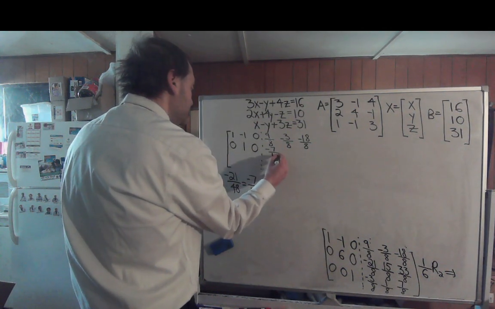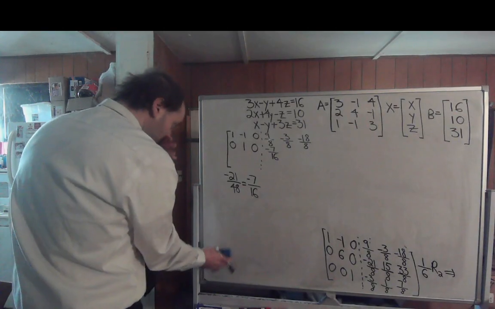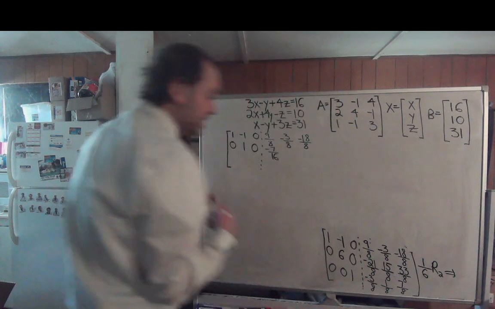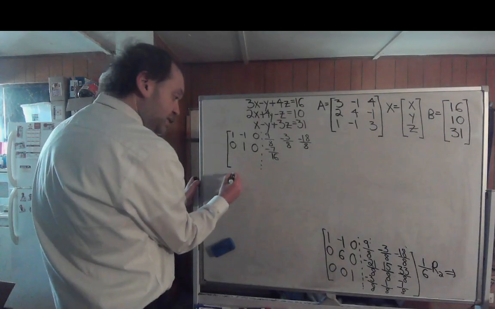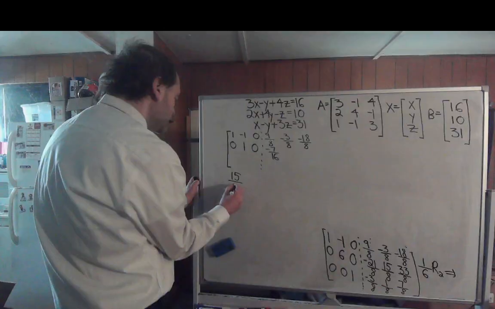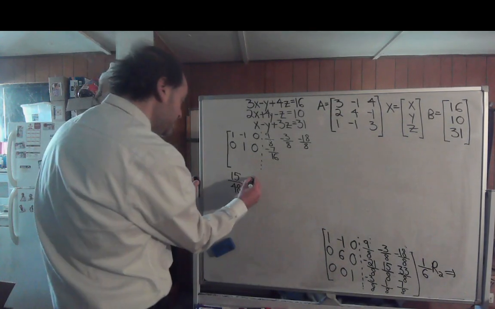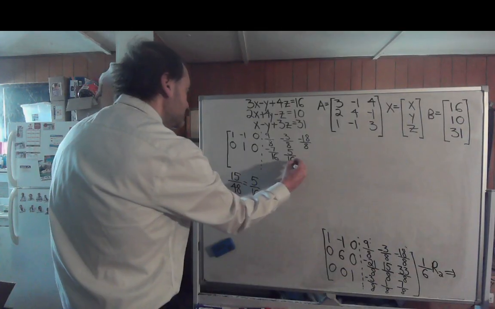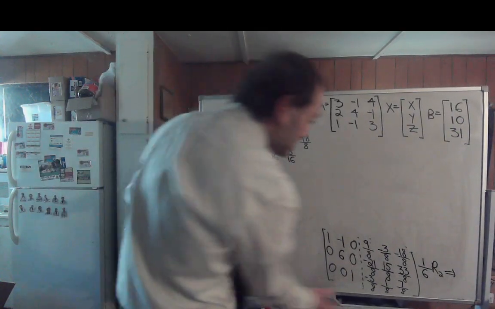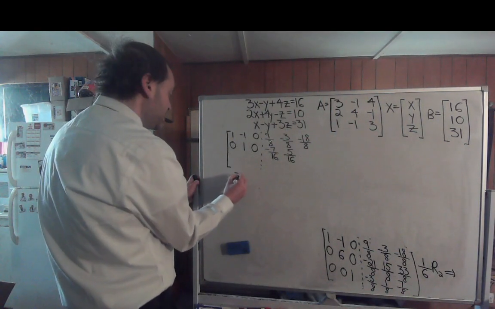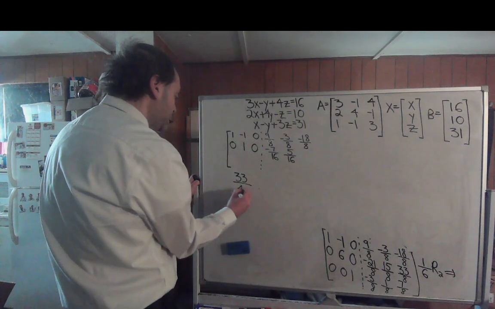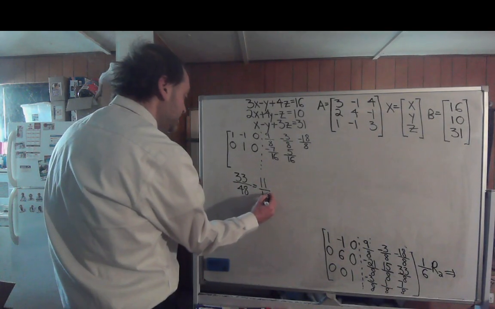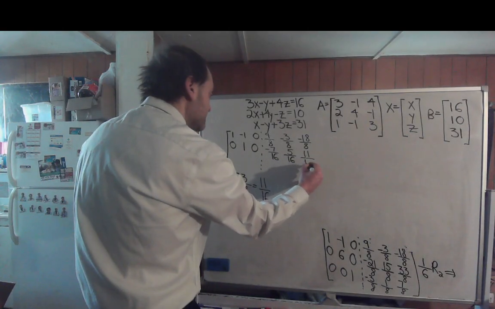Then, 1/6 of 15/8 is going to end up being 15/48. Divide each by 3, you'll get 5/16. So this entry here is 5/16. Then take 1/6 of 33/8. That's going to end up being 33/48. Which, divide each by 3, you'll end up getting 11/16. So there's 11/16 for your entry.